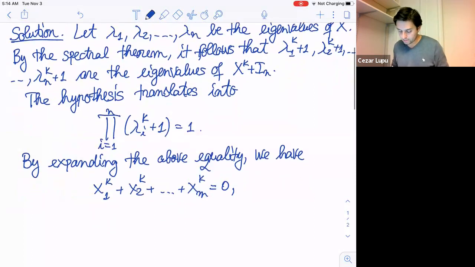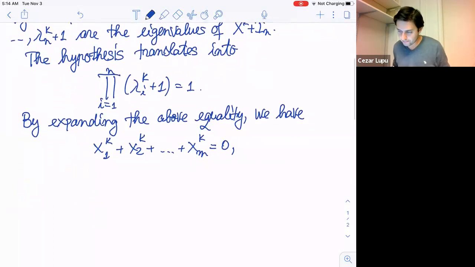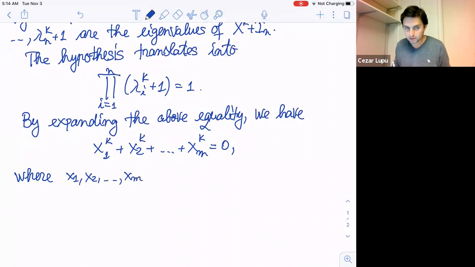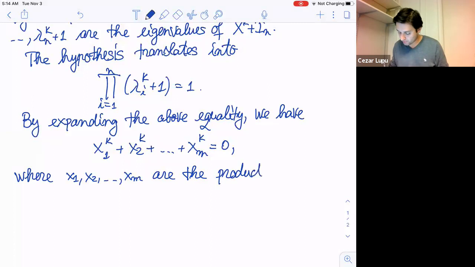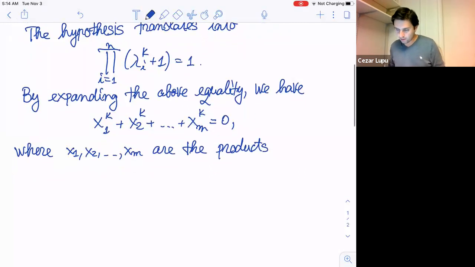And this is where these numbers, x1, x2, xm, these guys here, are the products. So I have just the sum of some products to the power k. And what kind of products do I have?